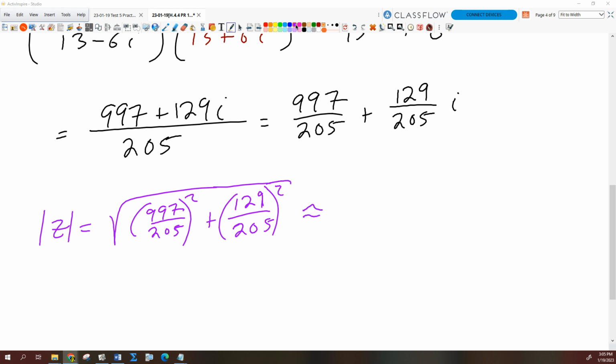What's that give us as a decimal, roughly? About 4.90. So it's about 4.90 ohms, that's how hard it'd be to drive current through this thing. Make sense?